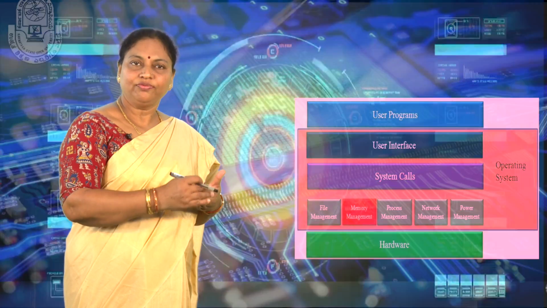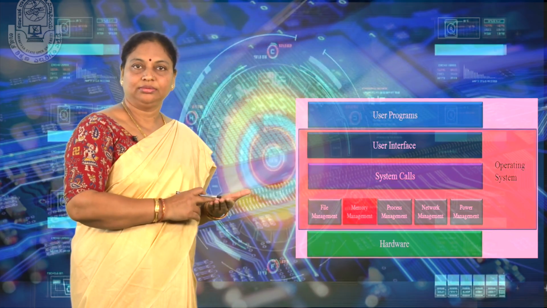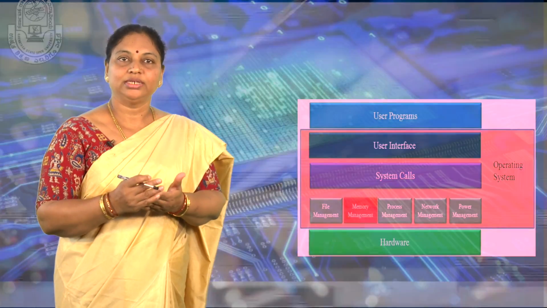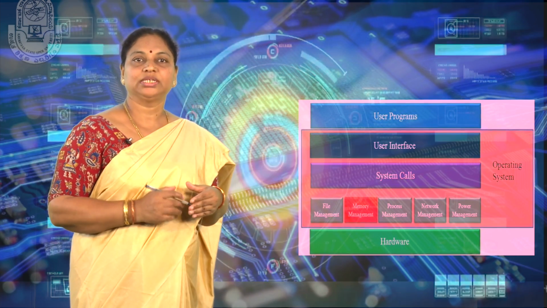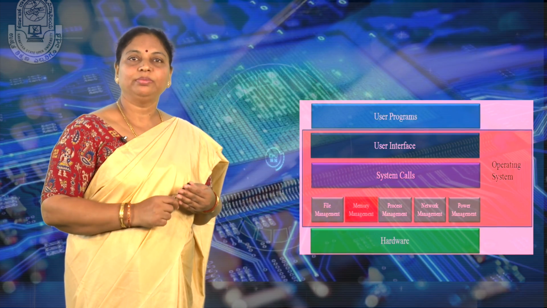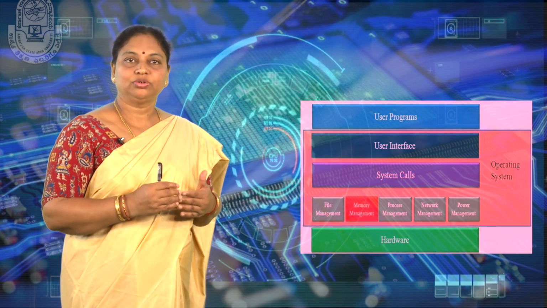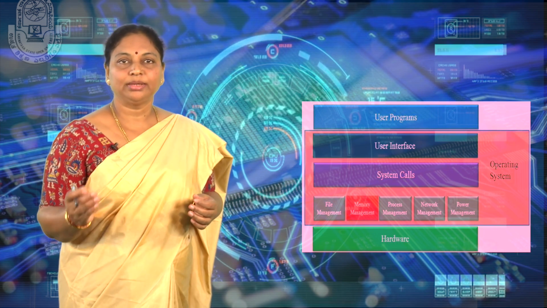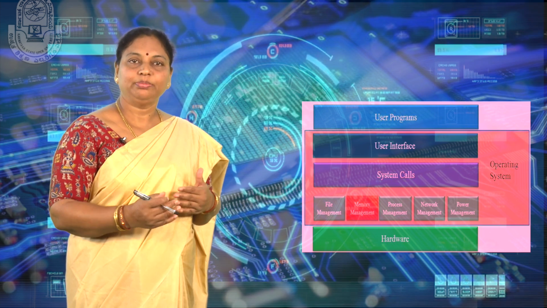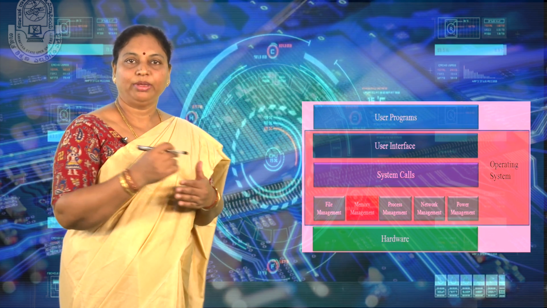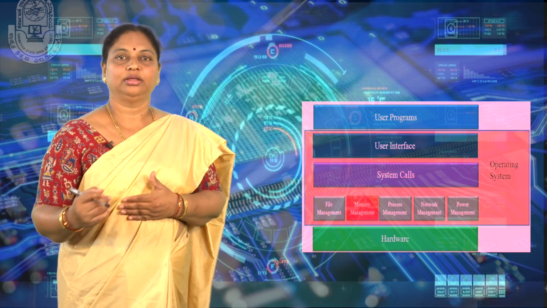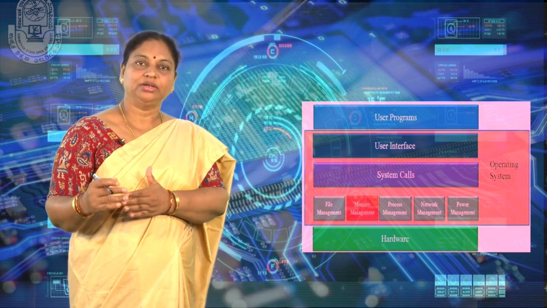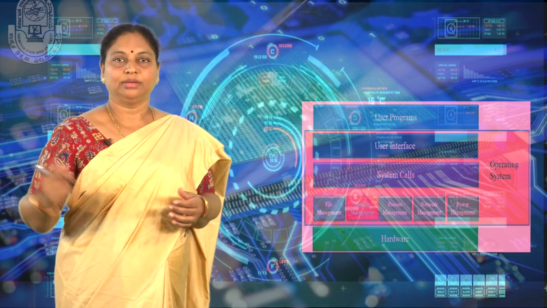Then if we are following paging or segmentation for allocation of main memory to the process, then this memory management information will store the information about the page tables and the segmentation tables. So it depends on which type of memory management we are doing in that particular system. Again, memory management will be studied in the coming chapters.